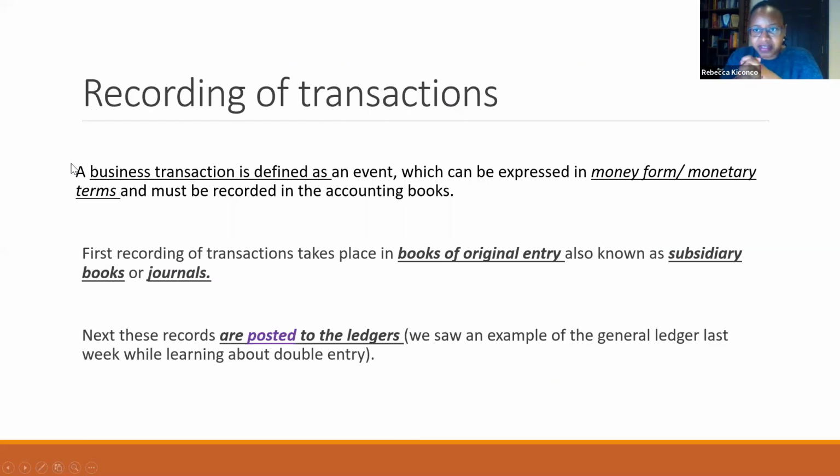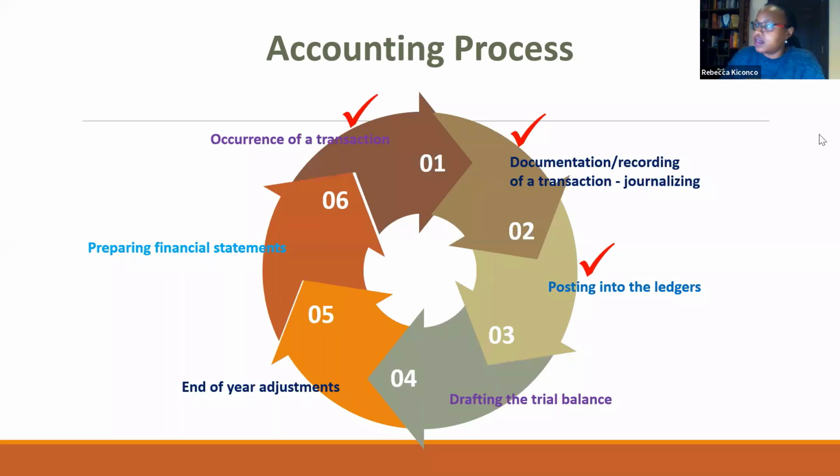Yes, as I was saying, the first place where a transaction is recorded is what we call books of original entry, also called subsidiary books, also known as journals. And the process of recording these transactions in these books is called journalizing.